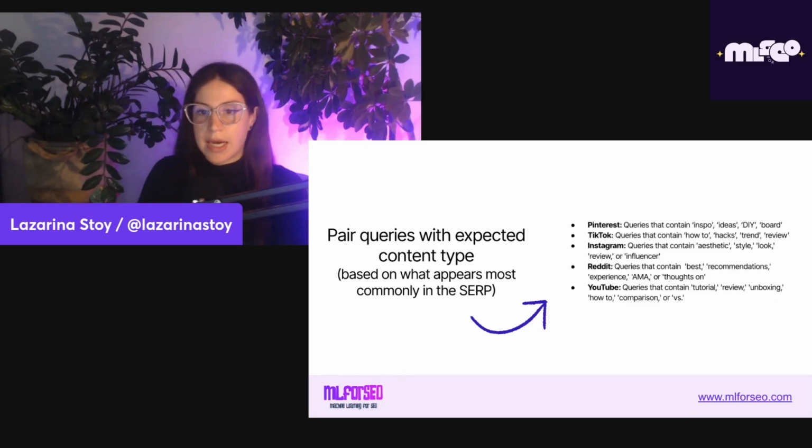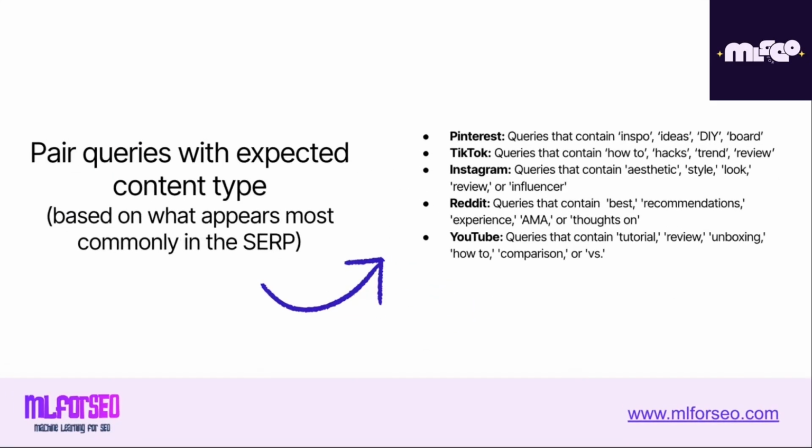So if you do decide to go to a rule-based approach like this one, just make sure that you actually test based on a statistically significant sample of keywords whether this actually applies to the search results that you are seeing and whether Google is aligned with the way that you classify queries based on platform.